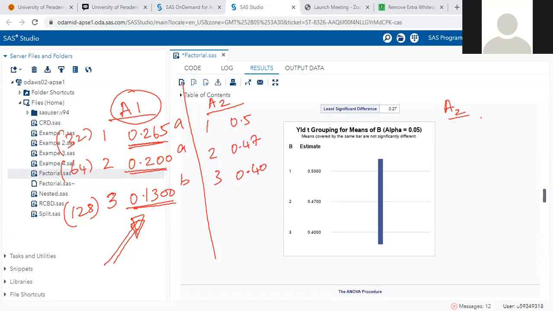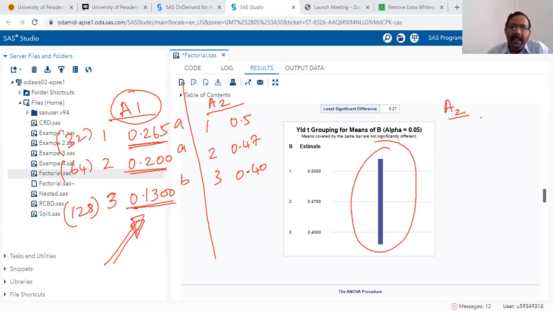0.4. Why? Why is 0.4 good? Less than... look at this, 0.5. No. Look at the colors. Are there different colors or the same color? 1, 2, 3.